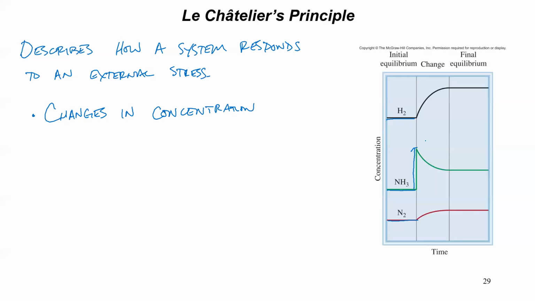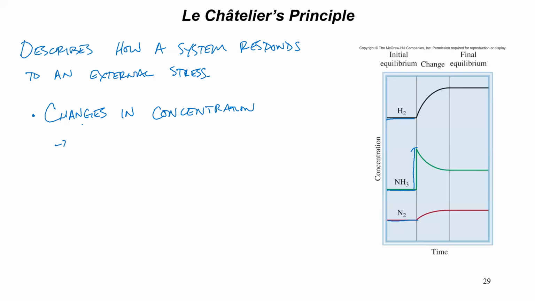Ammonia is a gas at room temperature, so somebody took a little syringe full of ammonia gas and injected it into that container, and all of a sudden the concentration of ammonia is large, and so that's the external stress.